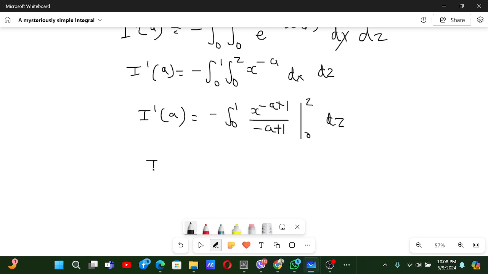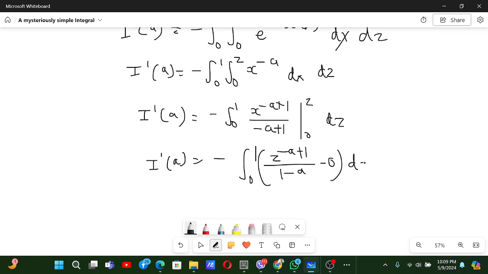Again, I dash of a is minus the integral from 0 to 1 of z to the power minus a plus 1 by 1 minus a, minus the value at 0, which is just 0, dz.